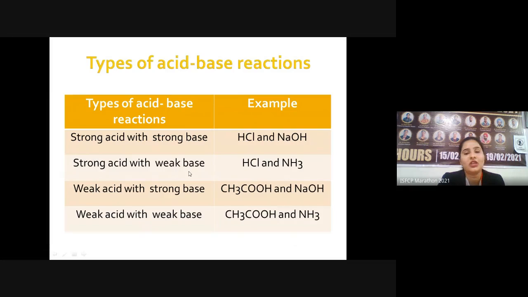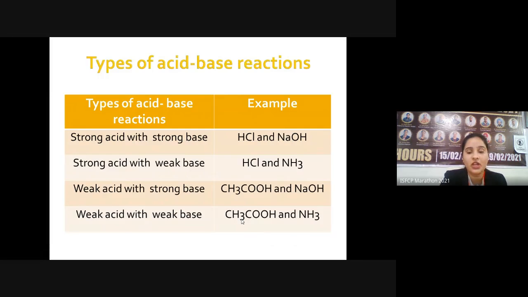In the third titration, we have a weak acid, such as acetic acid or any other weak acid, and we titrate it with a strong base. The last one is the titration of a weak acid with a weak base, in which both the acid and the base are weak.